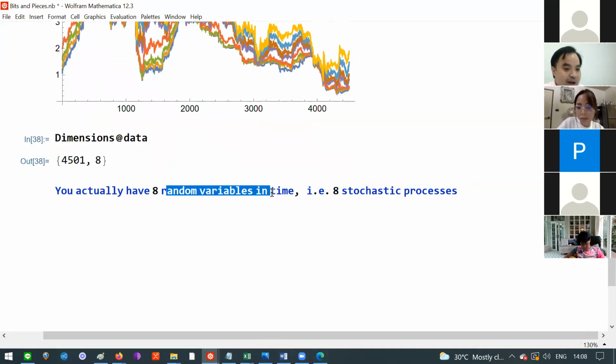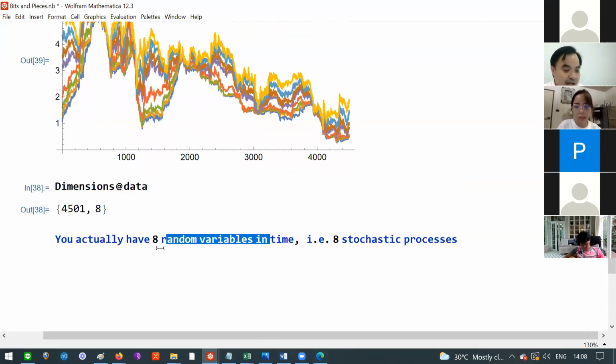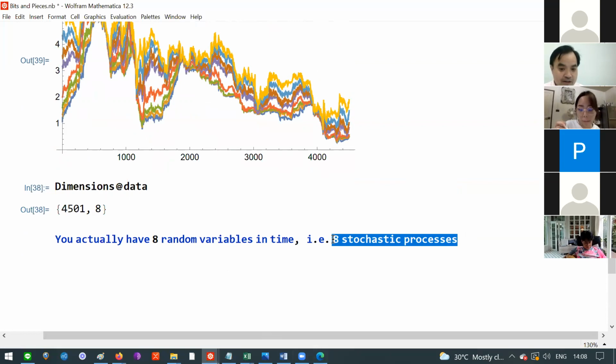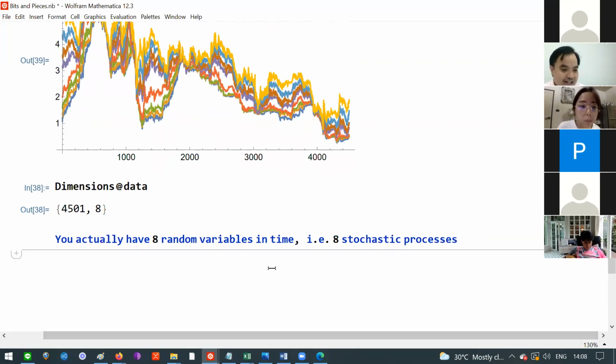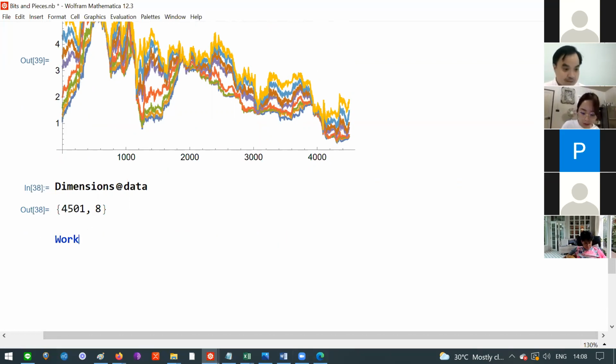But it's a random variable in time, meaning it's random, and you have a different value for each time. So you have 8 stochastic processes. Okay, you have 8 of them, so you can think of it as working in 8 dimensions, because things are moving.